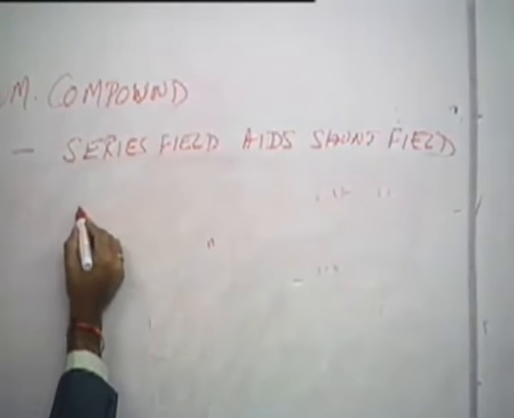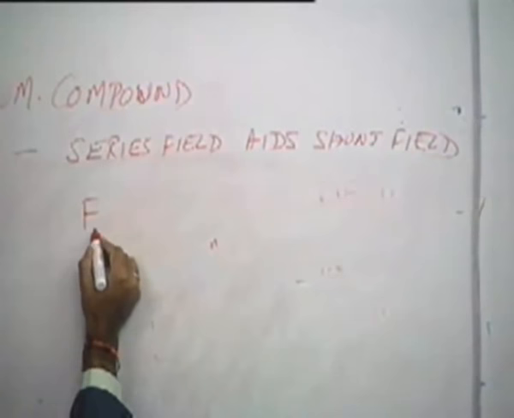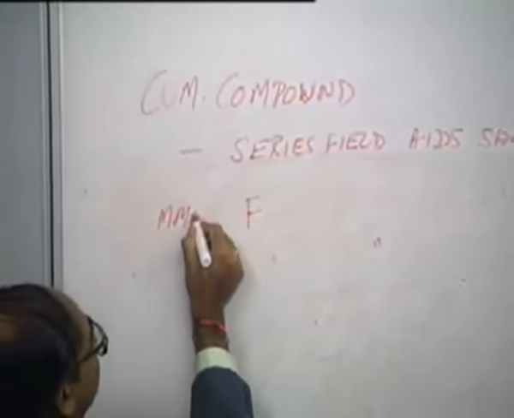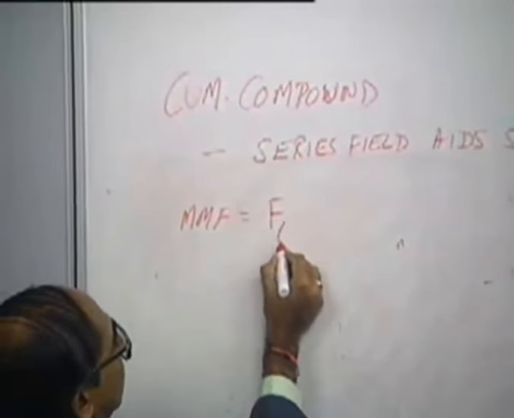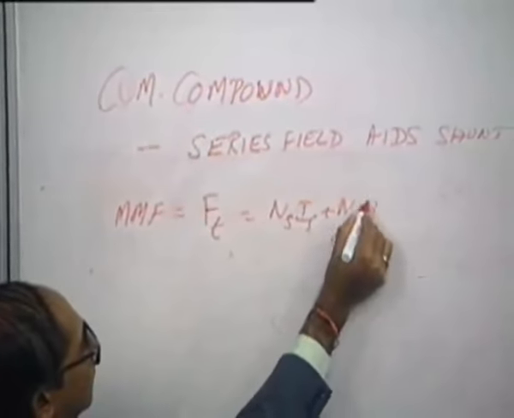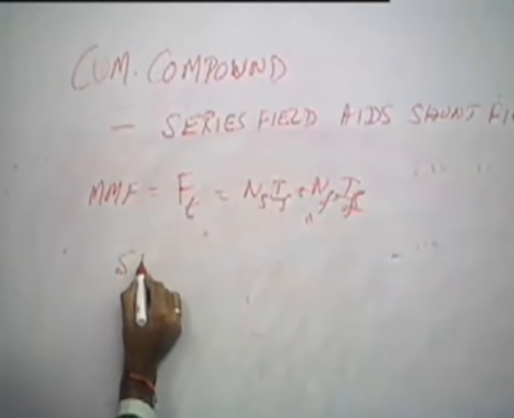That means the net flux, the total MMF, is equal to NSIS plus NFIF. But we must know that the shunt is always the main field.